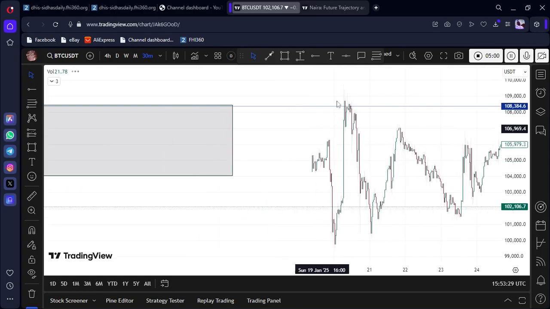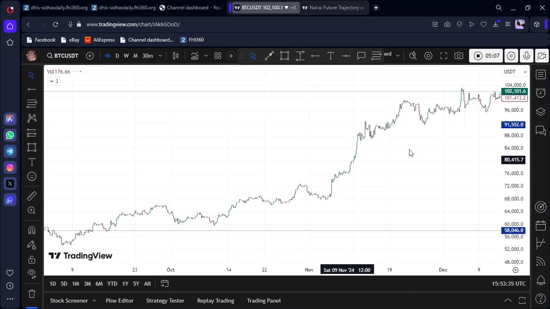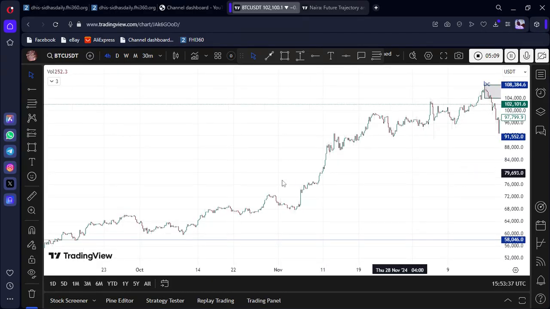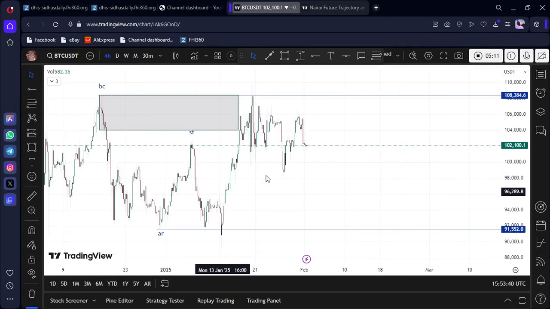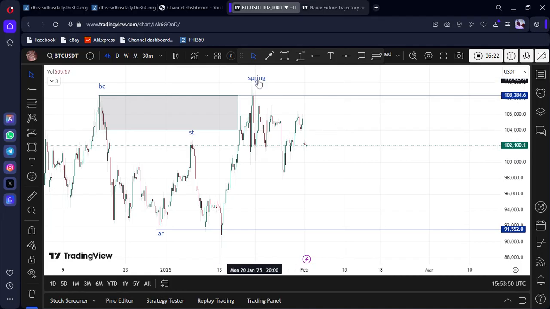So this is it. This is actually what we got, but that is a much lower time frame. So I'm going back to my high time frame. Looking at this, you can see this move above. So this is now your spring, the spring point, or as others will call it, your porch.